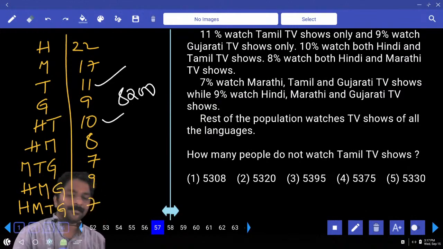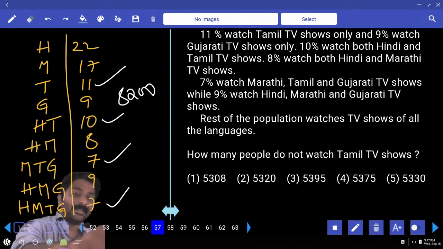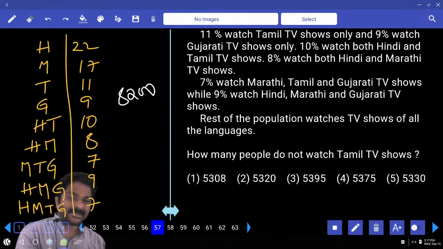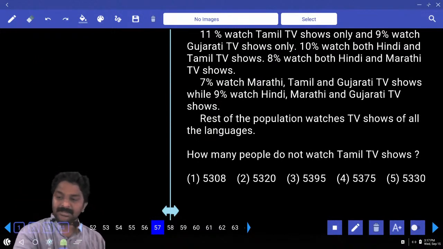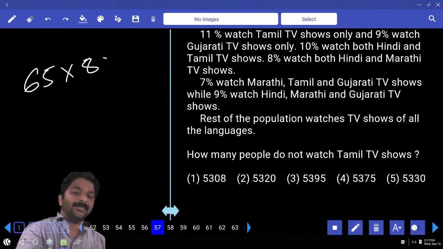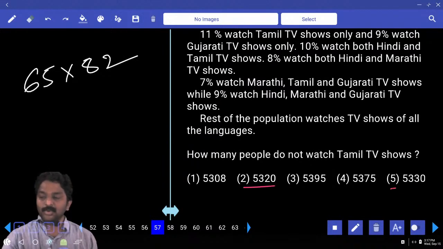11 plus 10, 21 plus 7, 28 plus 7, 35. That is 35, then remaining 65%. That is 65 into 1% value, 82. Answer must end with? 2 options are there.